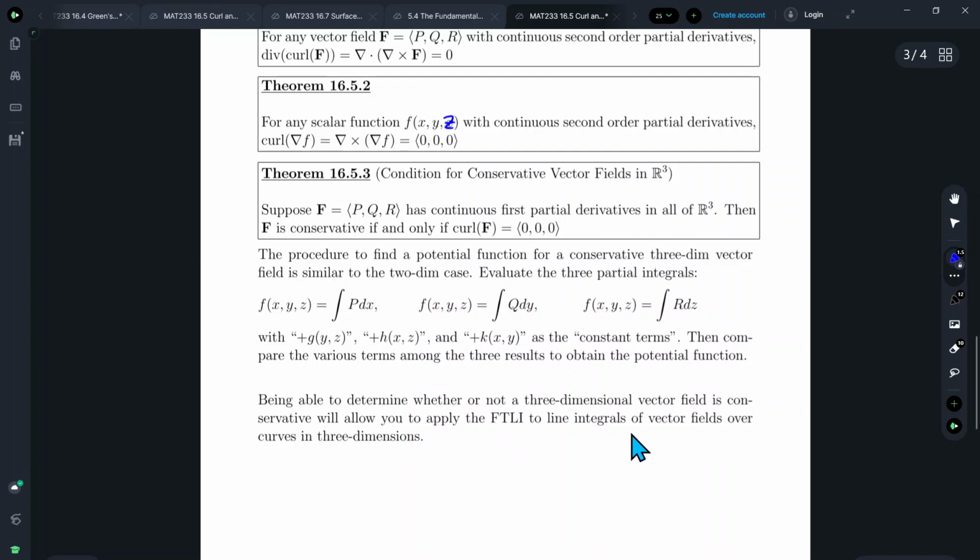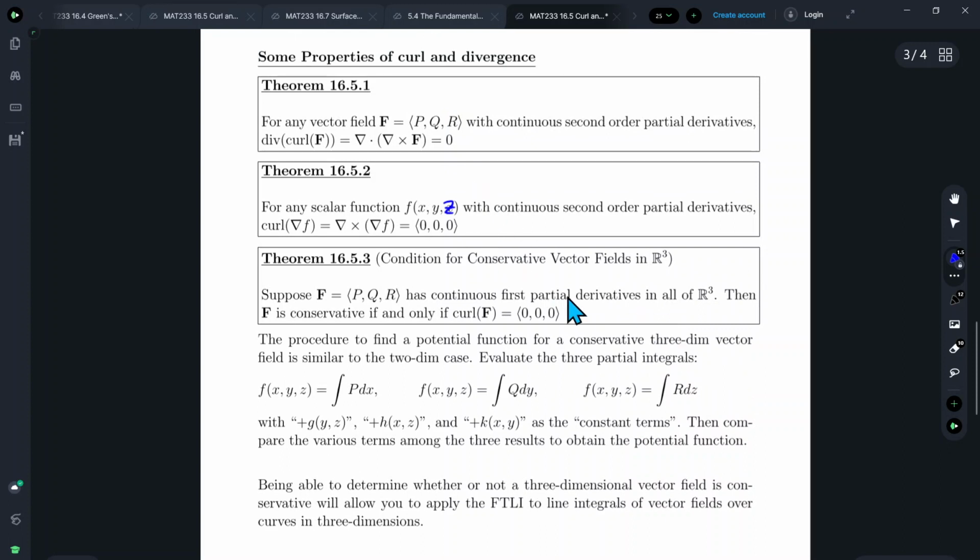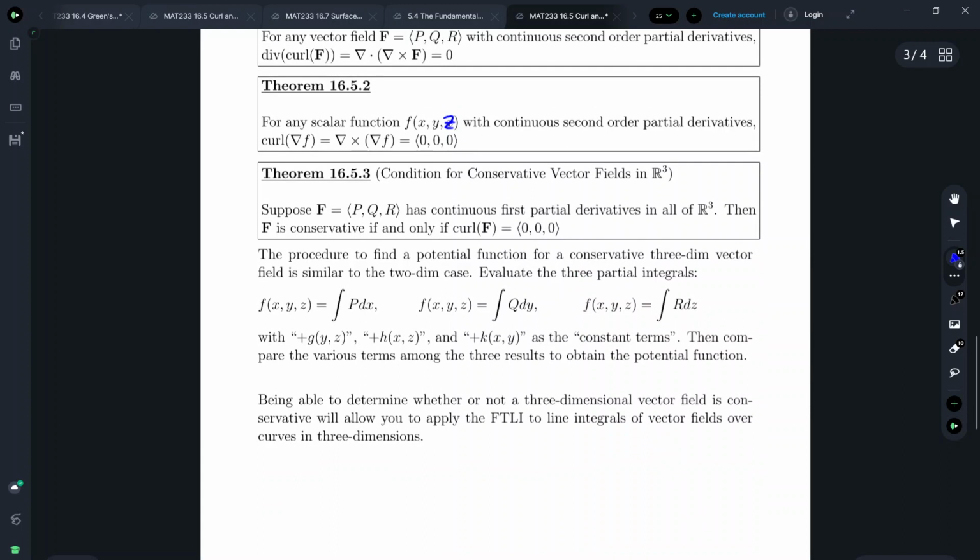Then the line integral can be calculated just by calculating the potential function at the 2 endpoints of the curve. So we're not going to take a look at the fundamental theorem of line integrals. However, let's take a look at finding the potential function to a 3-dimensional vector field.